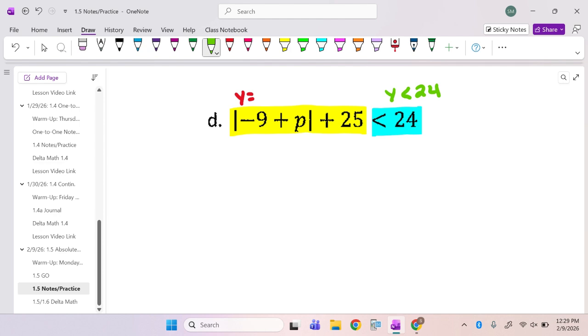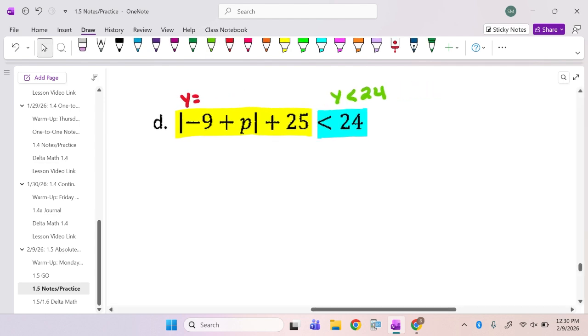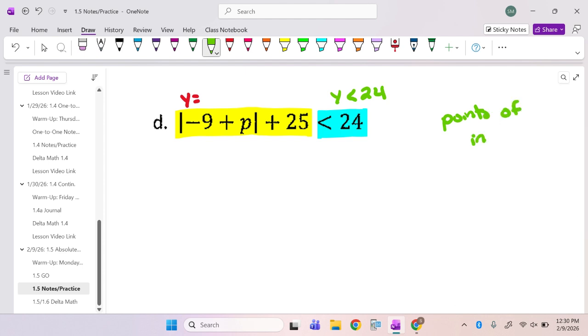Now, remember, you still want the points of intersection as your barriers, because that gives you your reference points.